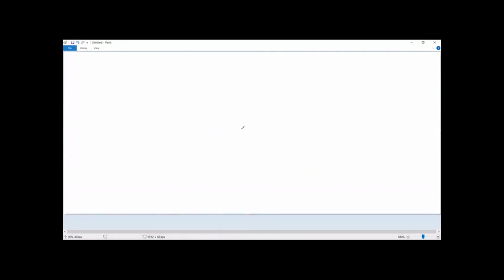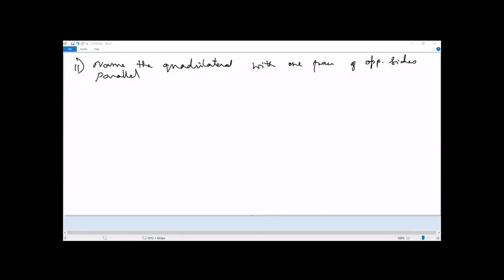Next, question number 11 is, name the quadrilateral with one pair of opposite sides parallel. Now who has to answer?